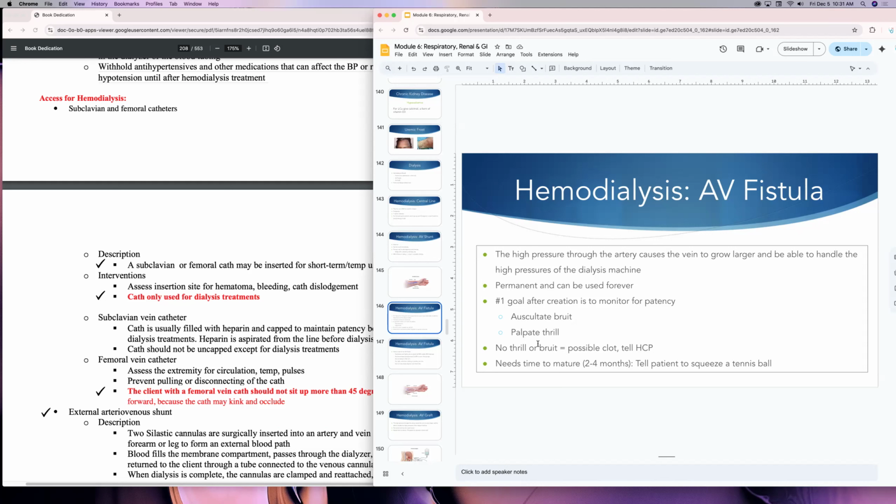Maybe the nurse before you forgot to tell you they have an AV fistula. However, that's why you always want to get to work early so that you can look up information on your patient, right? You can look and see their history, and see what the previous shifts have charted, so that if somebody has noted an AV fistula, you can ask the nurse during report, oh, do they have an AV fistula?